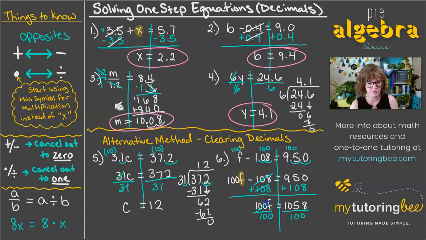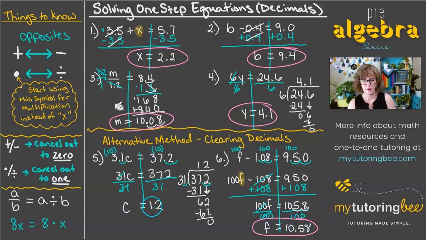So these 100s are going to cancel out, leaving us with just f equals, and then we are going to go ahead and just put in that decimal there. When it's a whole number, the decimal appears at the very end after the ones place, and we're going to move it 2 times over. So we get 10.58 for our solution for problem 6.